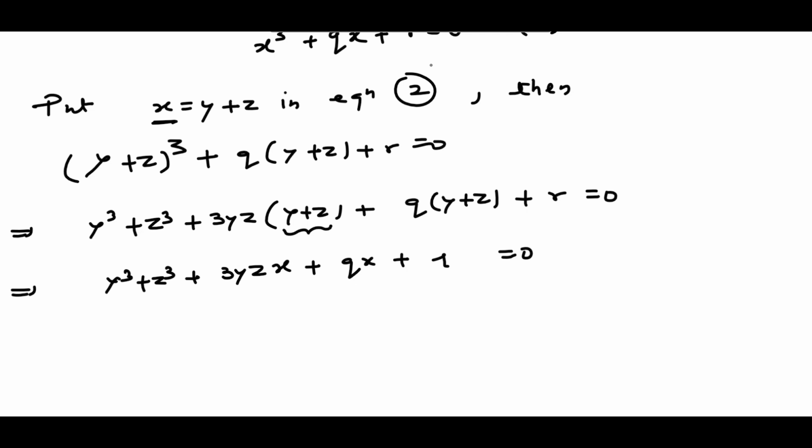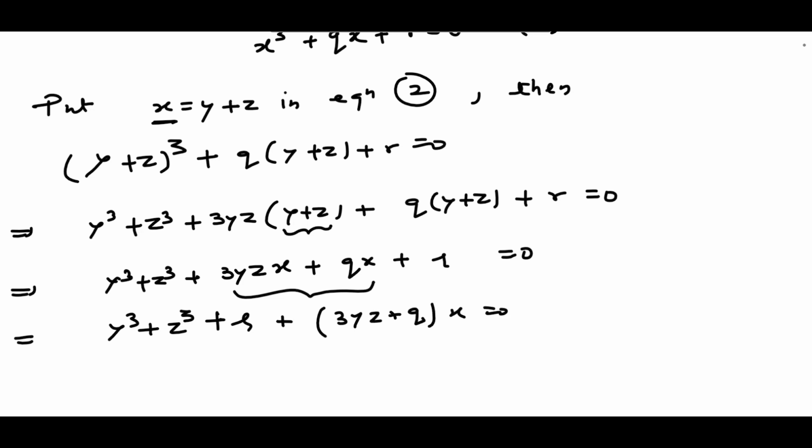So now further it can be written as y cube plus z cube plus r, and take the x as common from these two terms. So it will give (3yz plus q) multiplied to x is equal to 0.